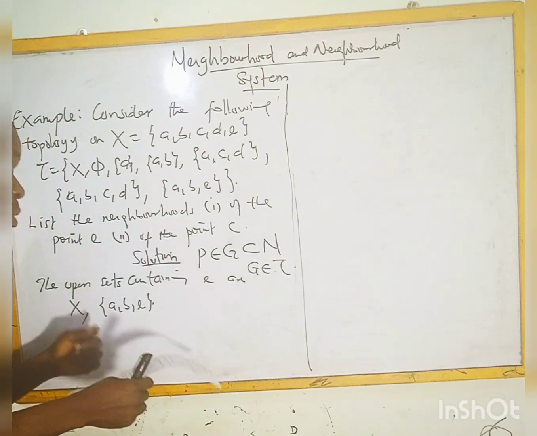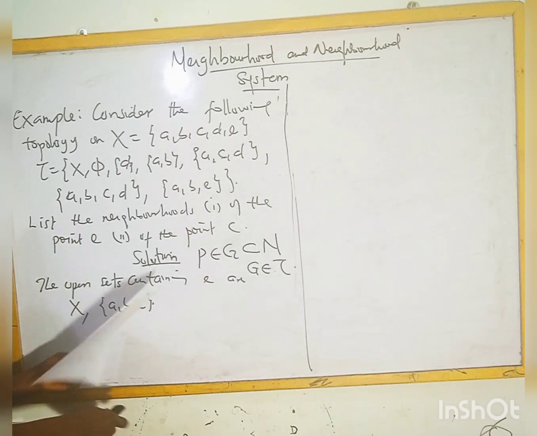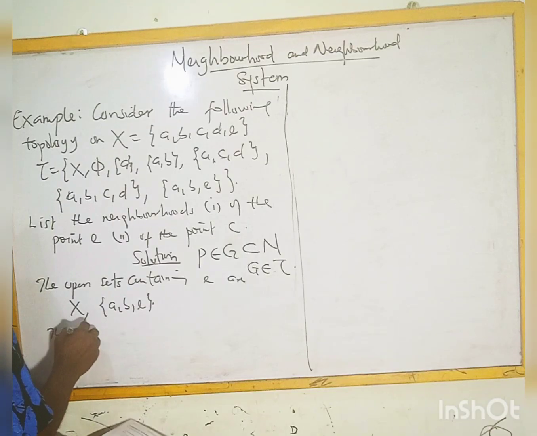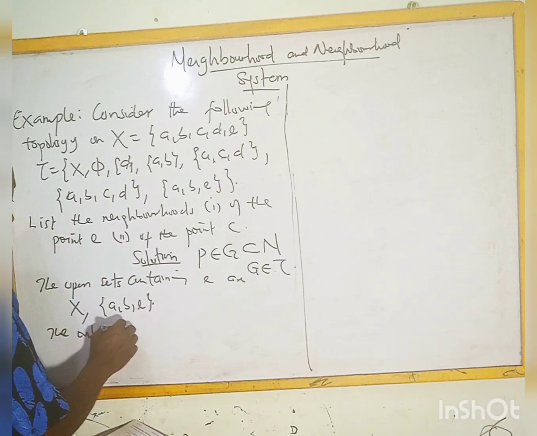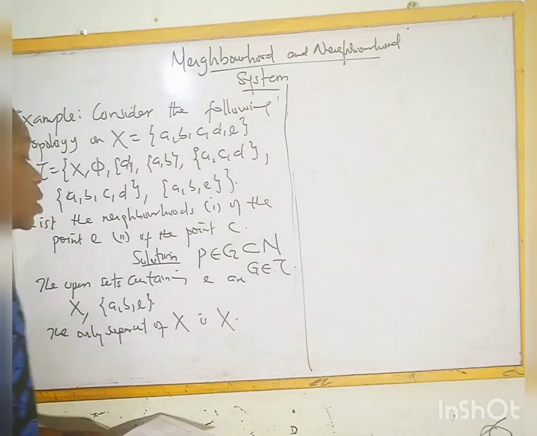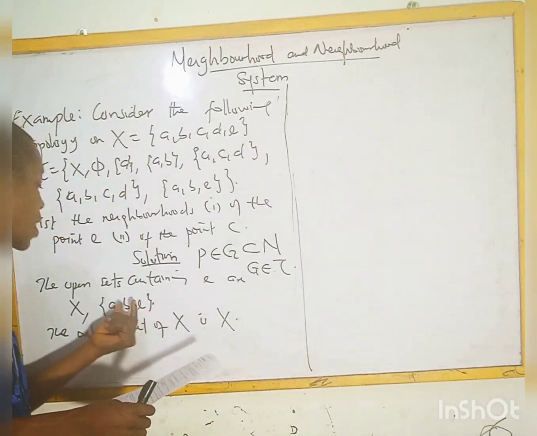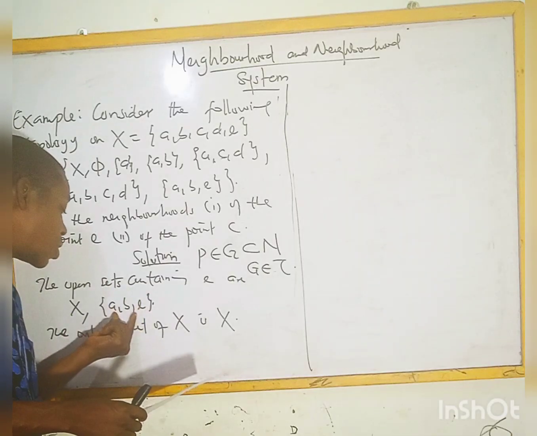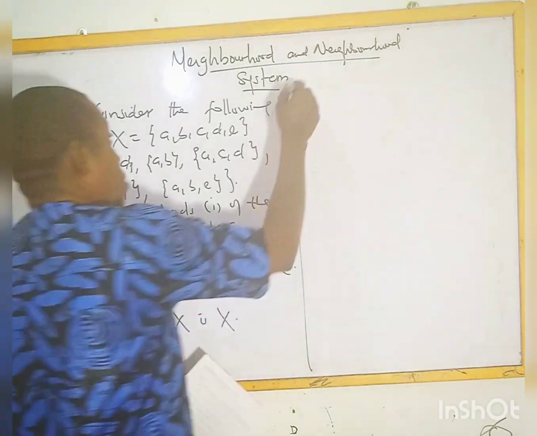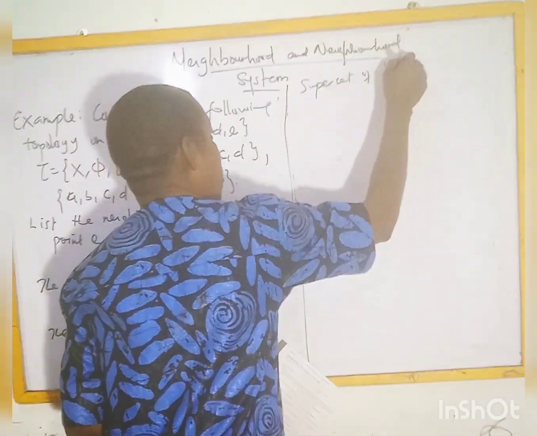Now, the only superset of X is also X, and this X is contained in itself. But what are the supersets of the set A, B, E?